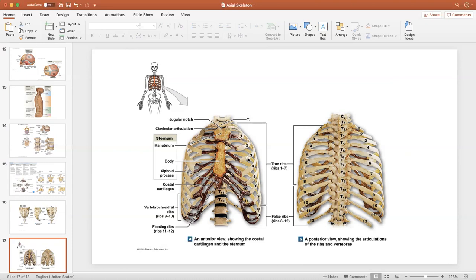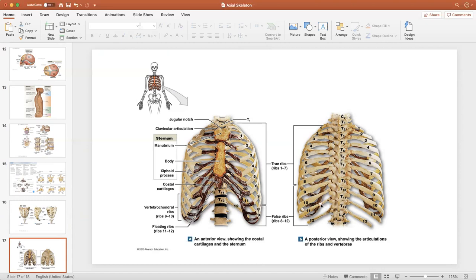The first 7 ribs are true ribs, because they attach with their own individual cartilage into the sternum, 6 and then 7. From 8 to 10, the cartilage meets up with the cartilage of rib 7, so these are called false ribs. And then we have 2 floating ribs that don't have cartilage.